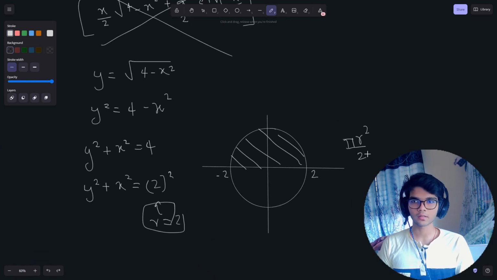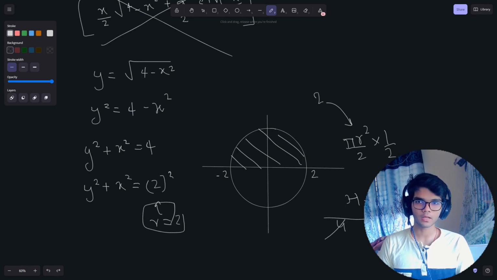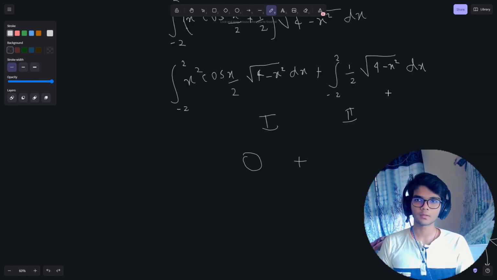So our area under the curve is actually this. Now we're going to multiply it by half. The value of radius is actually 2, so this happens to be pi. 2 squared is 4, and then 4 cancels this out, we get pi. Now this whole integral evaluates to pi. So our final integral is pi.